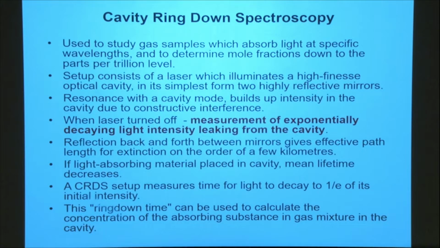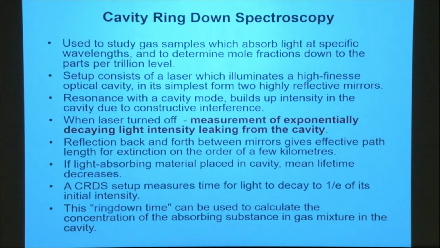Okay, so the setup is basically a laser which is illuminating this cell, a high finesse optical cavity. Then we set up resonance within the cavity by building up the intensity due to interference of the signal. When we turn off the laser, we watch the decaying light intensity leaking from the cavity.